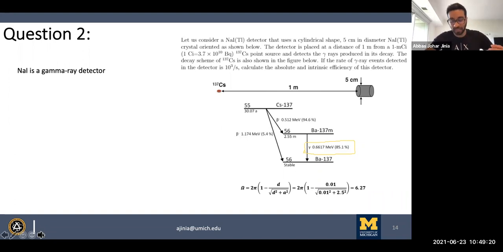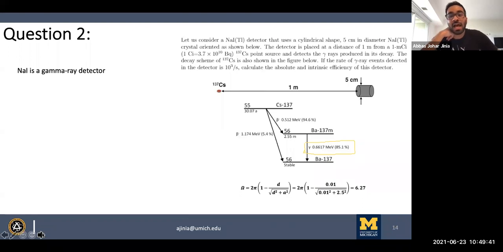The second term we need is the number of gamma rays emitted by the source. Now, this source does not always emit a gamma ray. If we look at the decay scheme, 95% of the time it decays by beta minus.